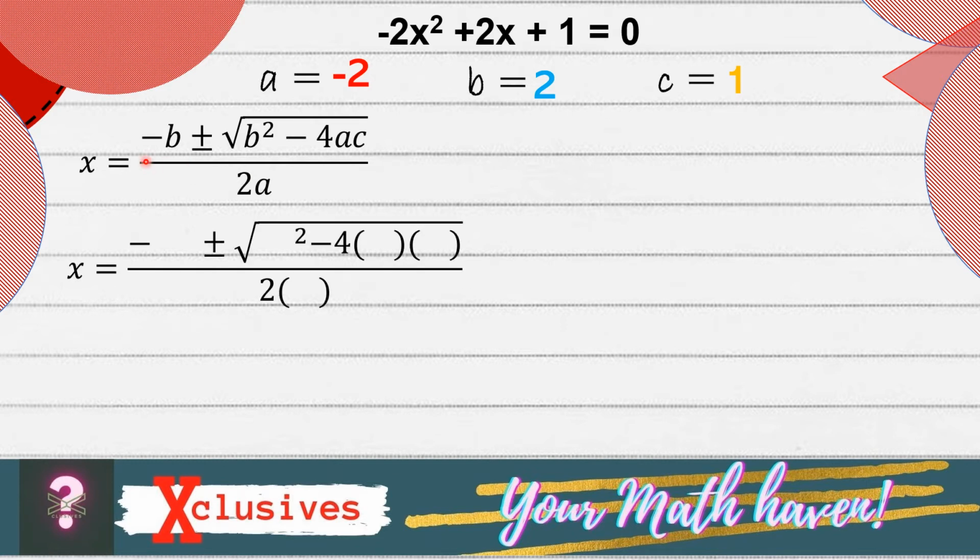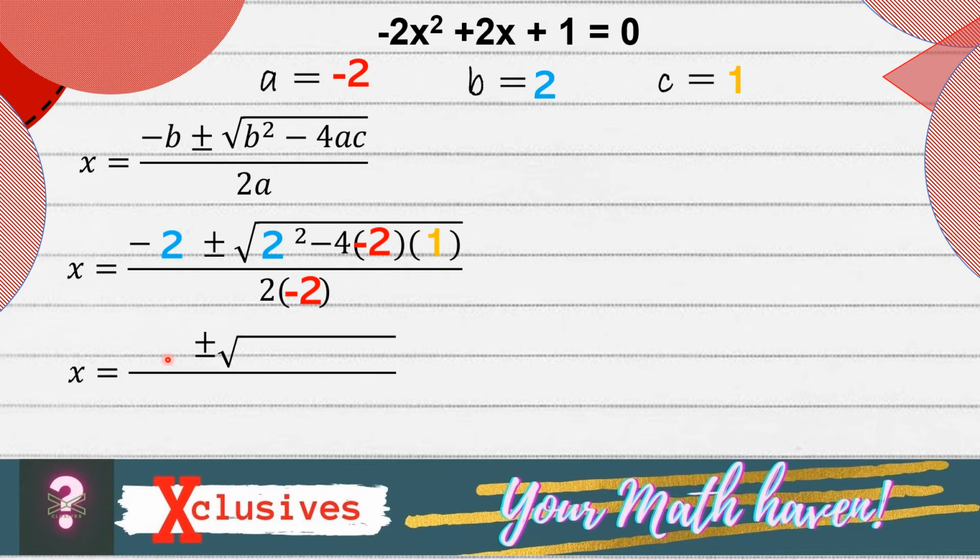To start, we have negative b, that is negative 2, plus minus b squared. So we have here 2 squared minus 4 times a, negative 2, times c, that is 1, all over 2a. And our a is negative 2.